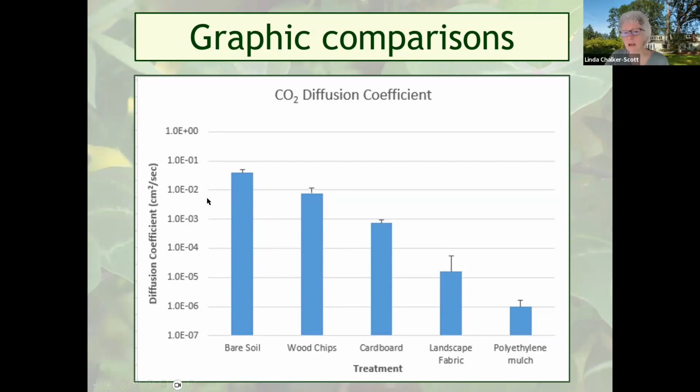So think about things like pH scales or earthquakes, and knowing that each change of 1 unit from 1 to 2 to 5 to 6 is actually a factor of 10. So wood chips are not quite 10 times more restrictive than bare soil. Again, this isn't a bare soil you'd find in nature. It's very fluffy. It's not compacted.